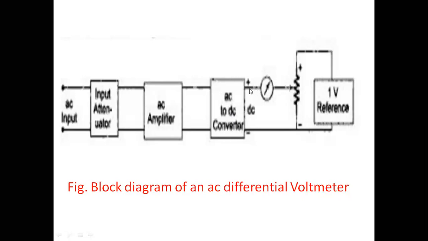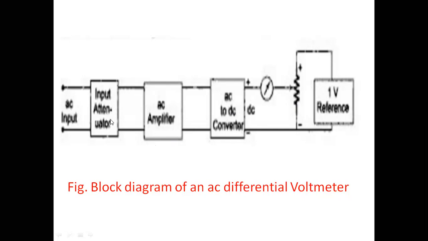The DC voltage is now applied to the null meter, and the other side of the null meter is connected to the potentiometer and the 1 volt reference voltage. Up to this, it is the basic measurement of the differential voltmeter, and before that are the AC to DC conversions.